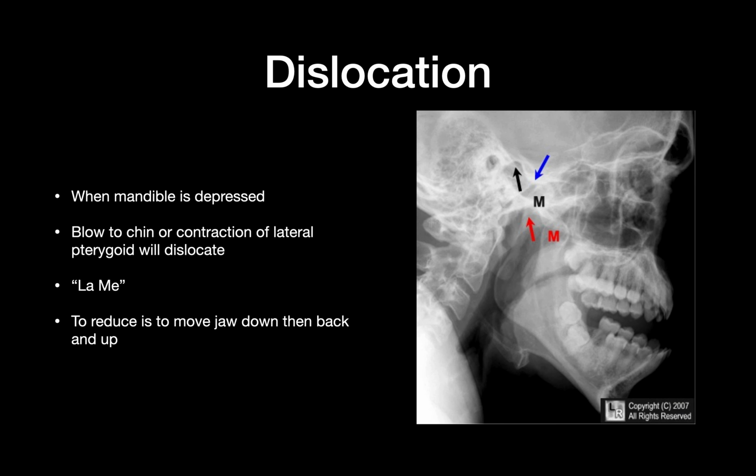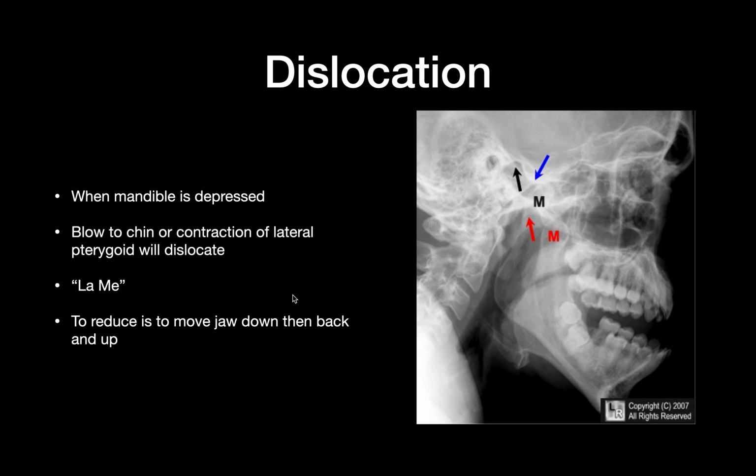Dislocation usually happens when the mandible is depressed. A patient will come in unable to close his or her jaw, and their lower lip will protrude quite far. This usually happens because of a blow to the chin or a contraction of the lateral pterygoid.